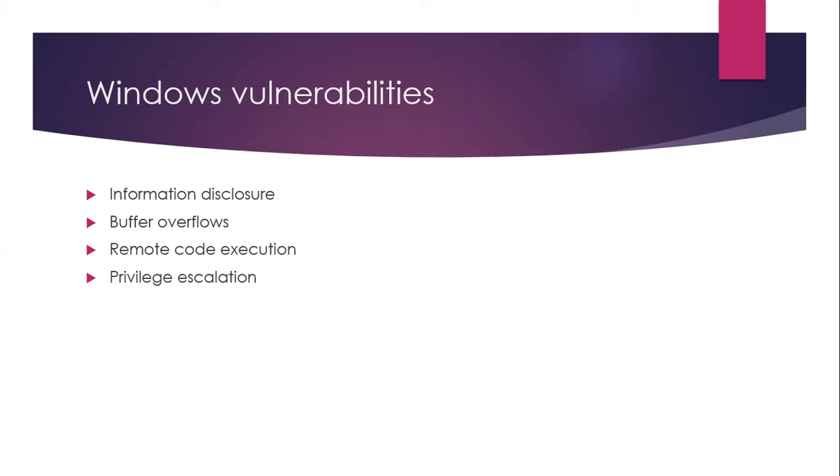One, we have information disclosure. On Windows, information disclosure allows attackers to have access to confidential data, like customers' information, maybe even stakeholders' information, generally information that is not meant for the public.